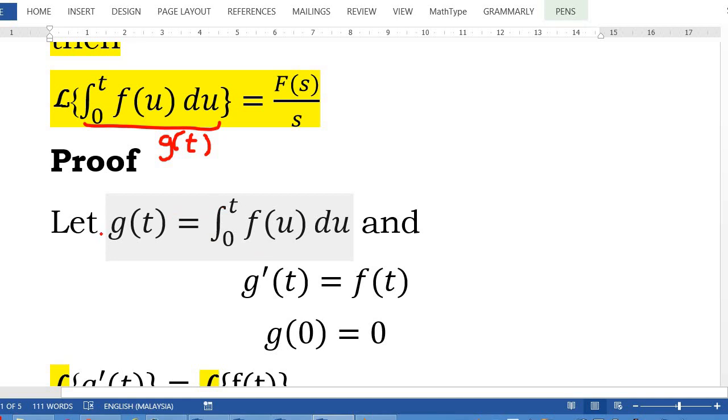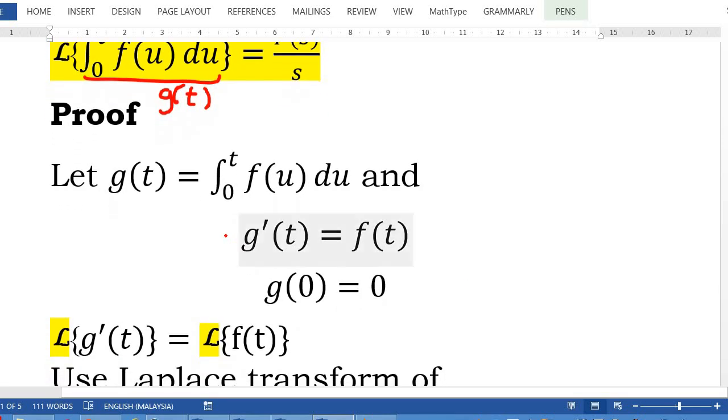Because the integral is a function of t, let's say g(t), and let the derivative of g(t), or g prime(t), be f(t), and g(0) equal to 0.